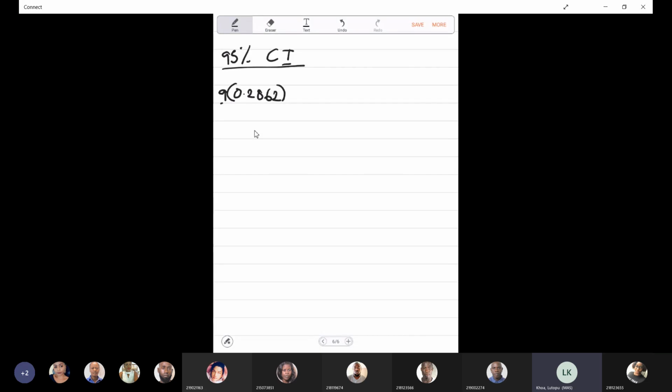And then I divide by chi-squared at alpha over 2, comma n minus 1, which is 19.0227. And again, this is 0.2862.